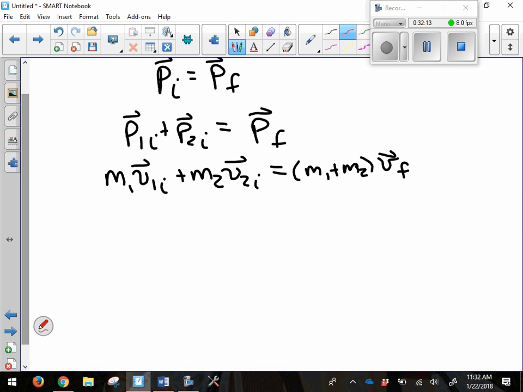And I can get rid of something here, right? Right, because my Earth is initially at rest, so v2i is equal to 0. It was on your picture.